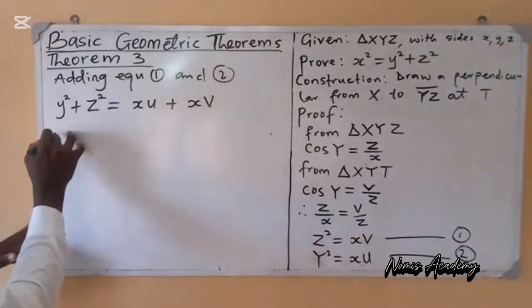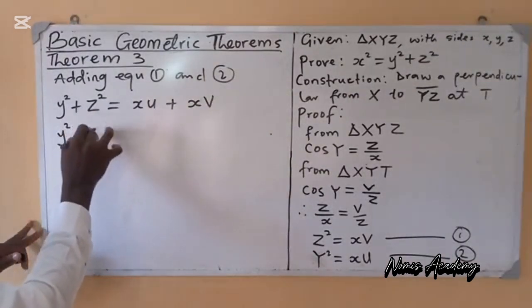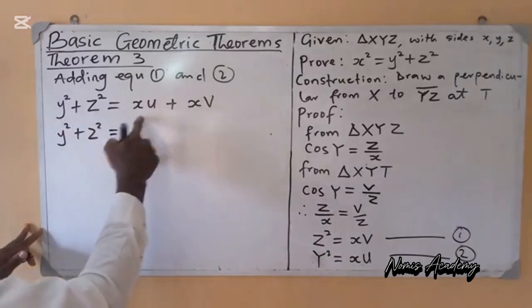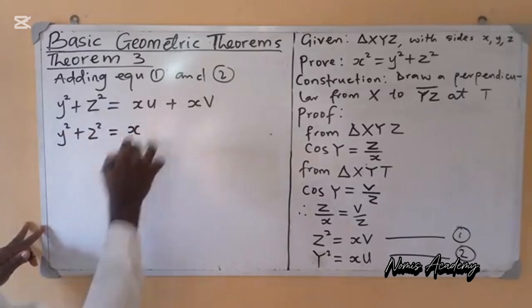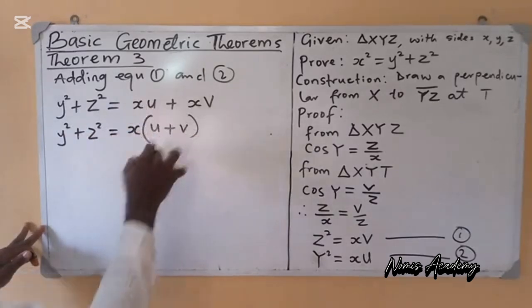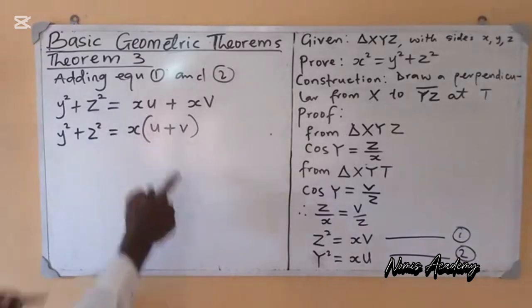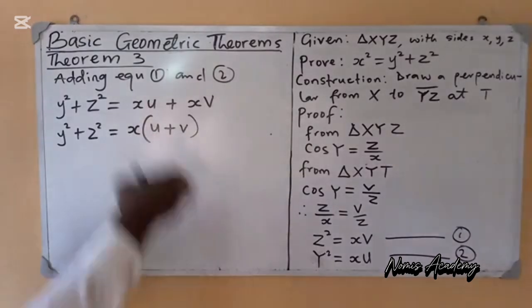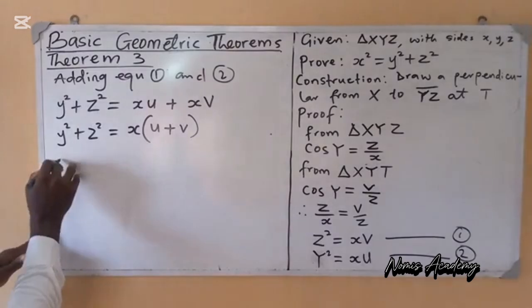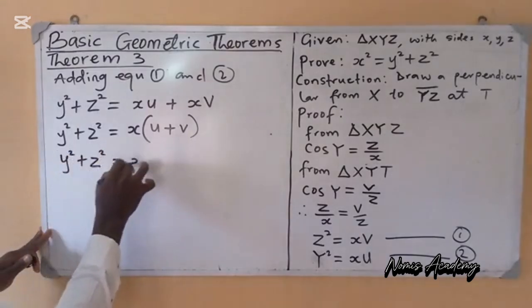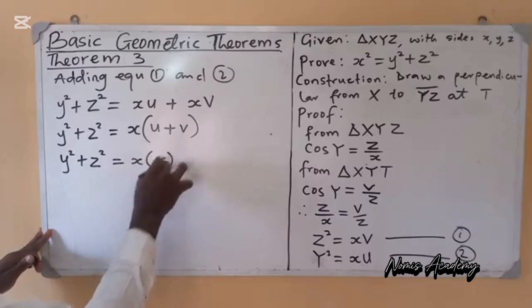Now Y square plus Z square is equal to, we pick what is common. X is common, and then we have U plus V. Alright, remember also in the diagram that U plus V is X, the side X. So we have Y square plus Z square equal to X into X.